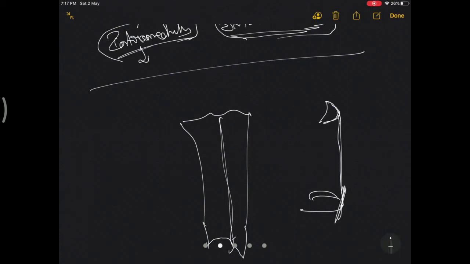This bar allows for varus and valgus, like this or this, and there is a rod here. If you move it behind or anterior, it changes the slope of the tibia.